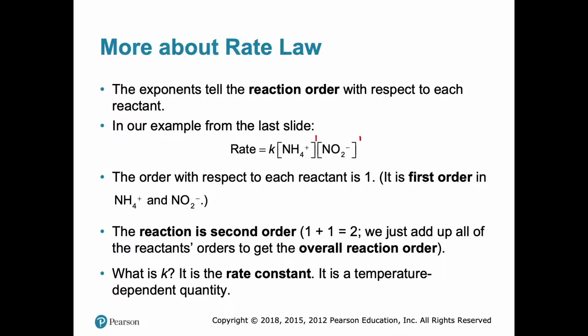A first order plus a first order makes a second order, right? 1 plus 1 equals 2. So we can also figure out what k is now with some concentrations, okay?